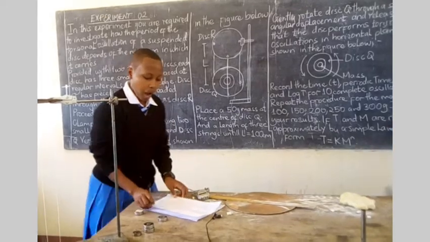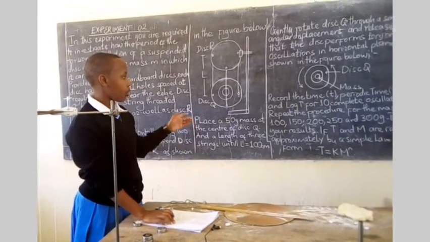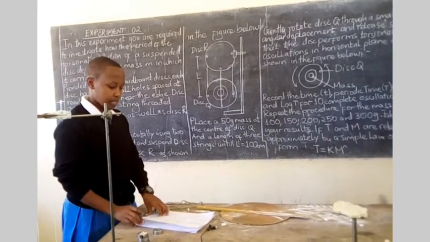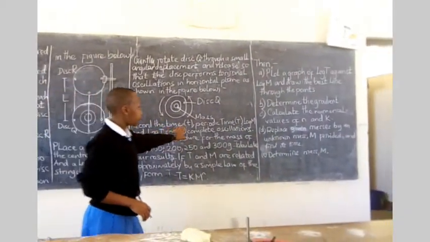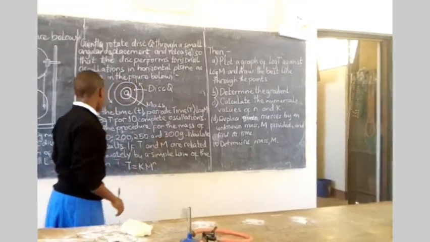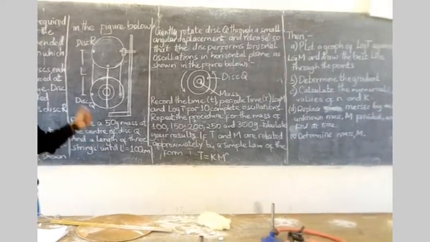So we have obtained the time taken to complete 10 complete oscillations by all these masses together with the unknown mass. And from our table, we were told to record the time, periodic time, log m, that is the log of the masses given, and log T, that means the log of the time period.